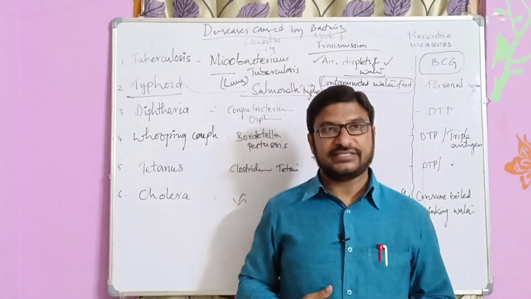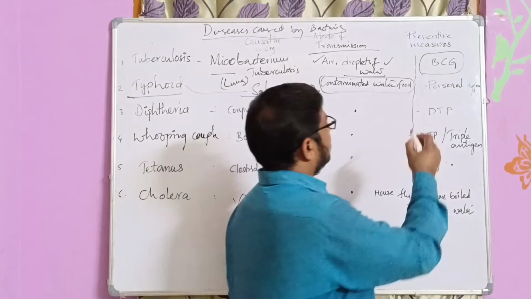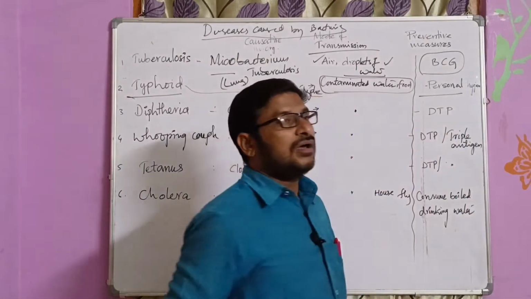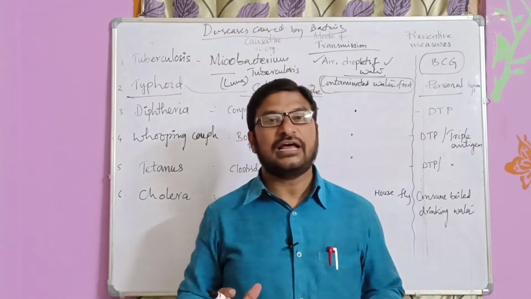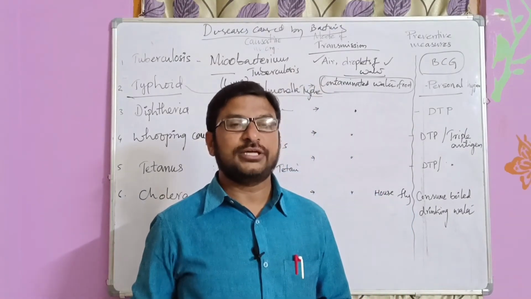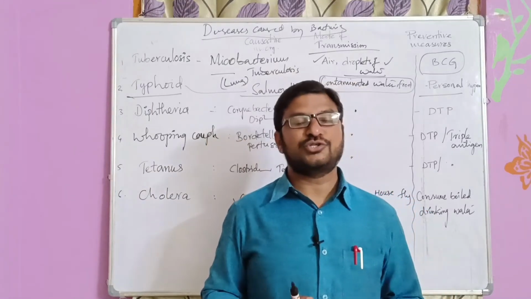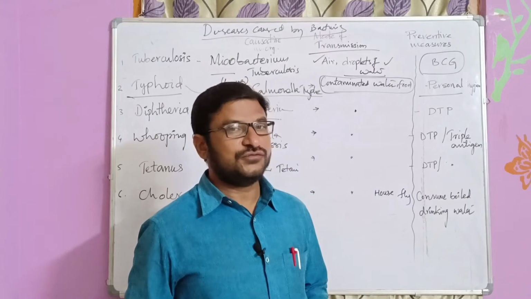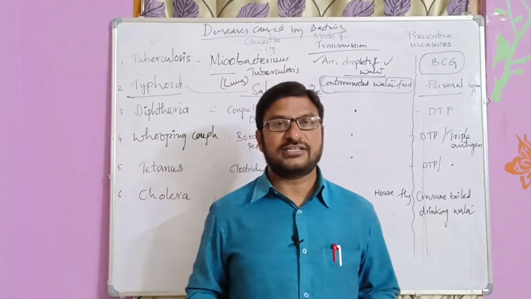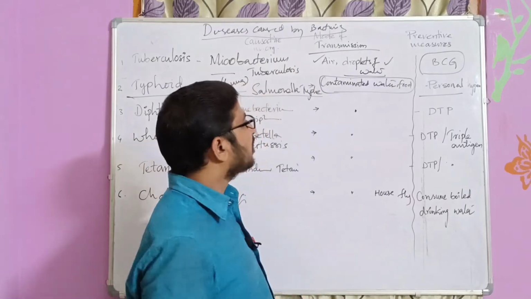For typhoid disease, the main thing is that we have to maintain personal hygiene. This is the only preventive method for typhoid. There is no vaccine for typhoid, so we have to protect ourselves by maintaining hygienic conditions around us.